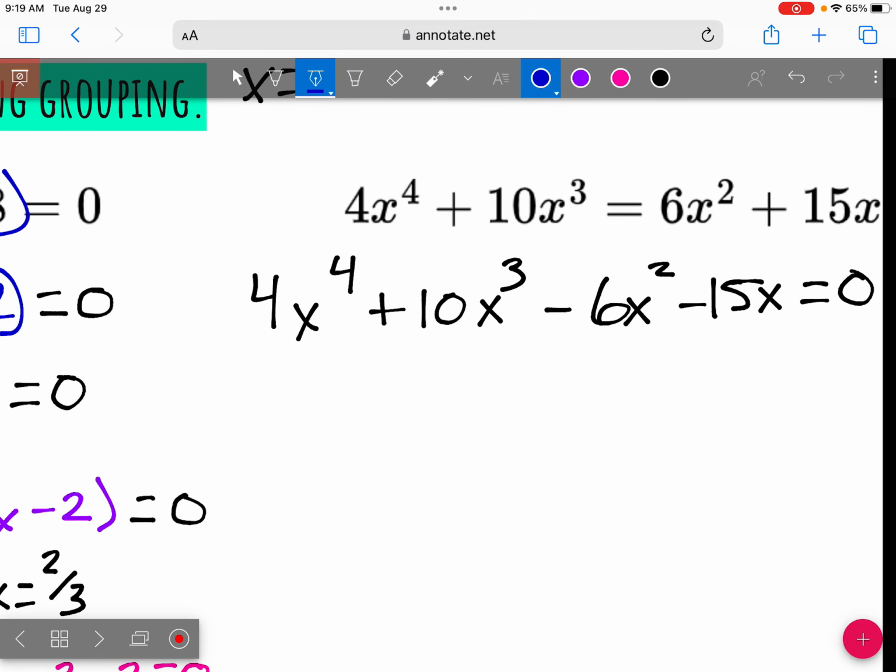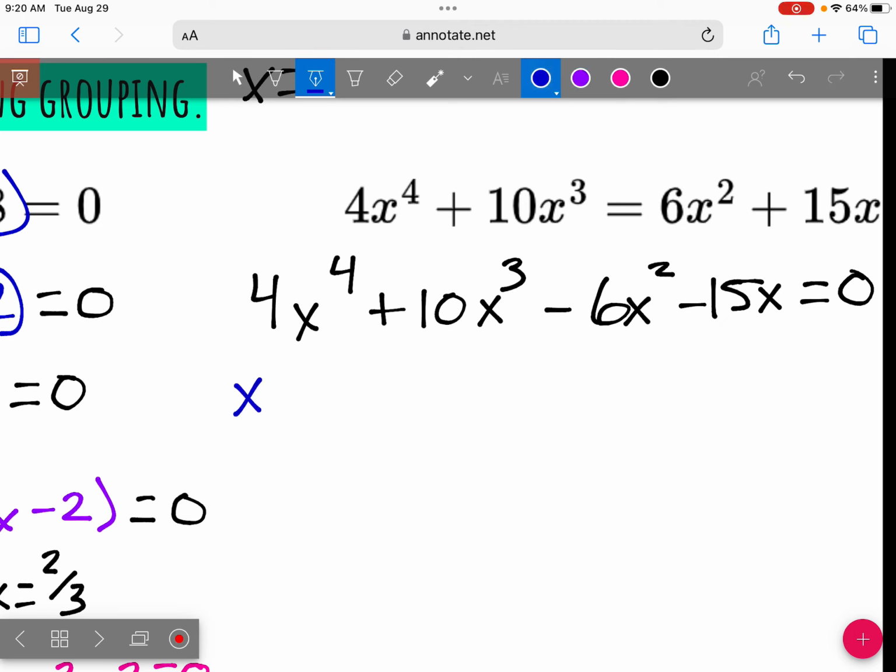I'm going to do this with grouping. If you want to box it, again, it's doable. It's not pretty, but it's doable. Bust it into pairs. I always like to put that minus sign in there and put a plus in between. It helps me see stuff easier. So what is common? Ooh, actually, we have a step before that. What do we have that's common in all 4 pieces? x.